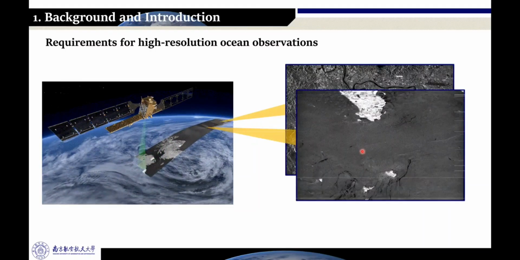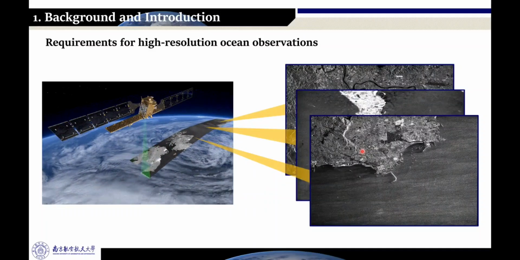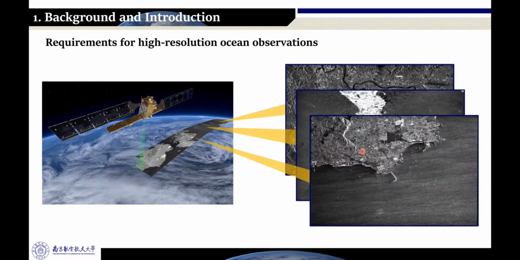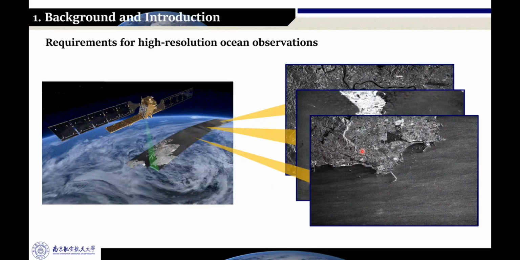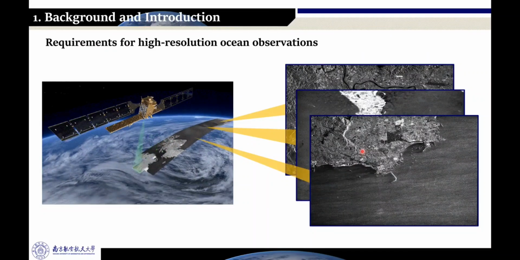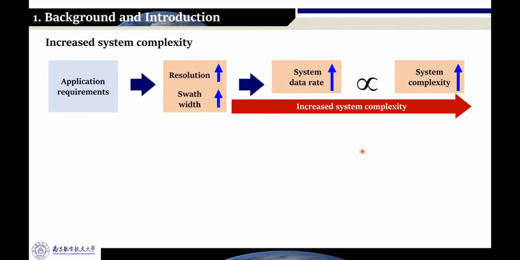About 70% of the Earth's surface is covered by oceans. These vast maritime regions require high precision and wide area observation. The increasing demand for resolution and wide swath has led to increased system complexity.